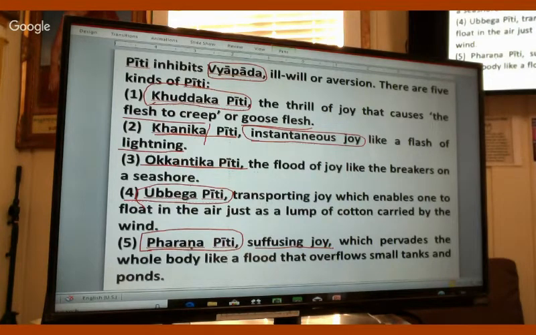Calm and cold and calm. So I don't want to move at that time. Never movement, I don't want to. They say like this. So that kind of piti is Pharana piti, overflowing a small tank or pond like this. The piti is all over your body. So you can imagine, piti is very, very beneficial for us, like a painkiller.